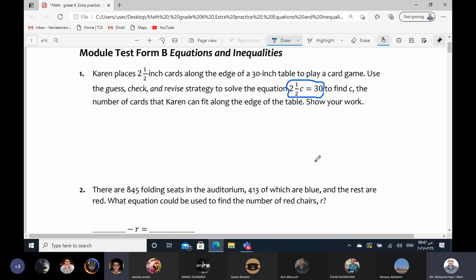Mr., c equals 12. Thank you, Daniel. Who has a different answer? Mr., c equals 15. Thank you, Bati. Who has a different answer?